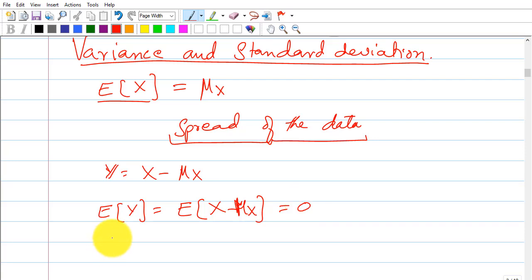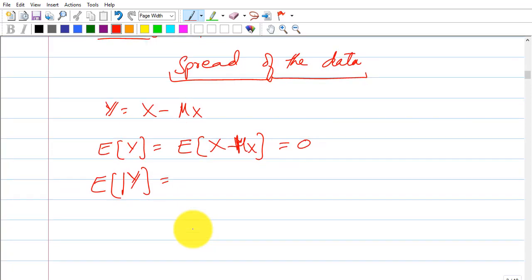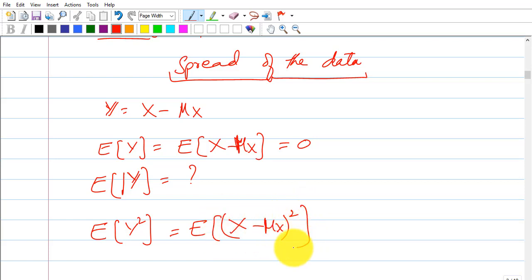Some of the suggestions are that we take the absolute value of y, but again sometimes it's not very easy to calculate the absolute value of y. So there is another way to find the spread, and that is the expected value of the square of this difference, x minus mu x.